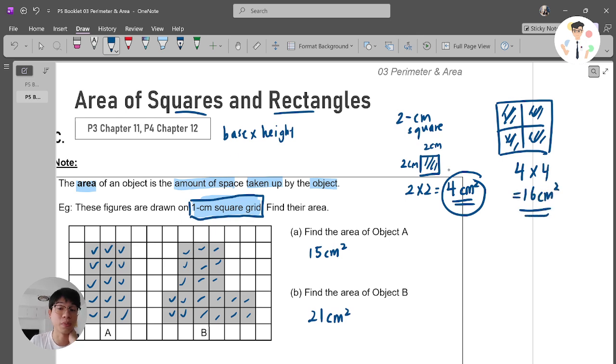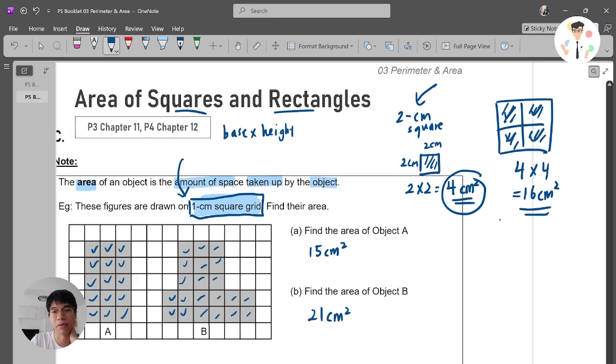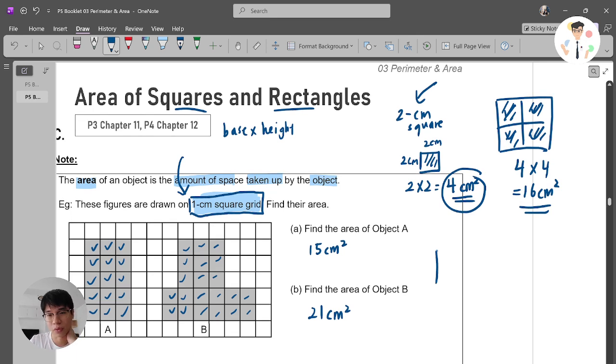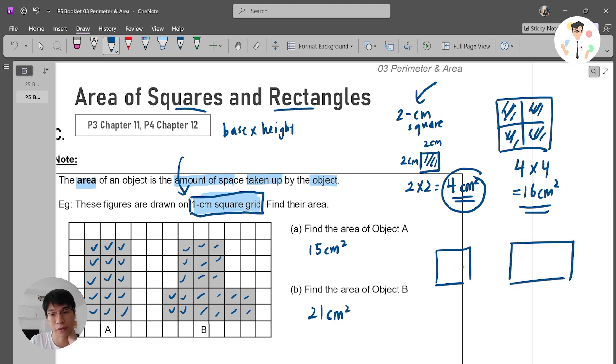So this is something you need to be very careful about. If the question says 1 cm square grid, simple. If the question says 2 cm square grid or other number, then you need to be very careful. Okay? But anyway, let's come back to something a bit simple. If I have a square, here say it's 4 cm.